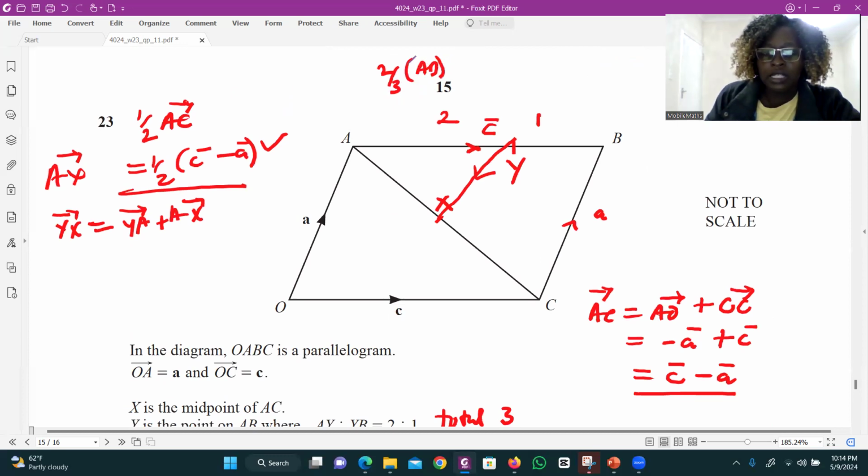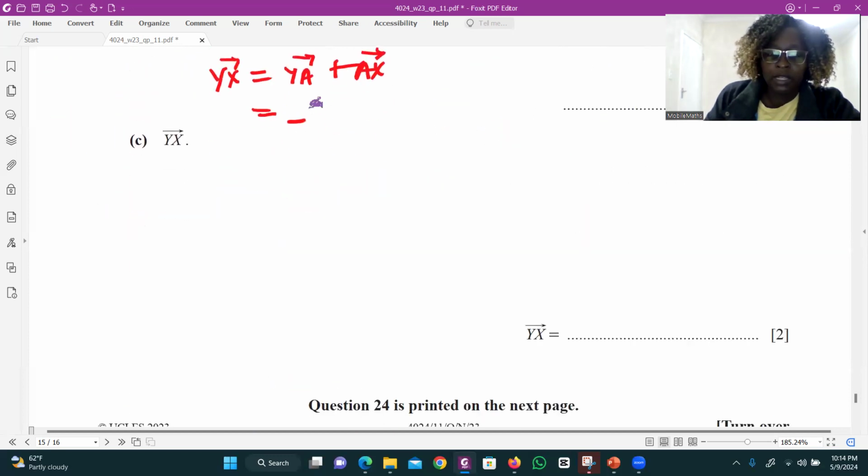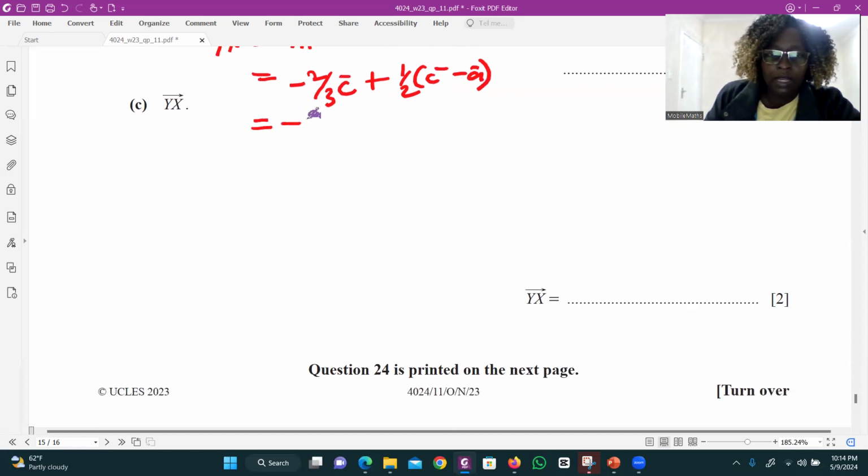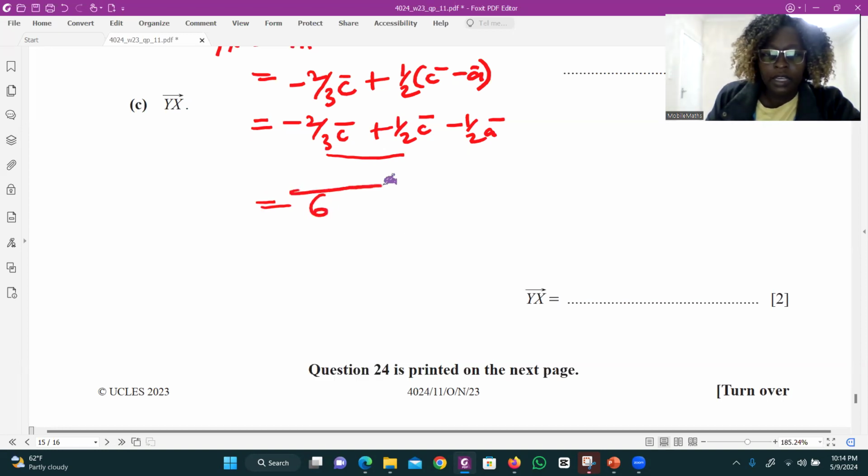AB is C, so it's basically minus 2 over 3 C. So minus 2 over 3 C, that's YA, plus AX, we said our AX is half of C minus A. Let's simplify it: minus 2 over 3 C, plus 1 over 2 C, minus half A. Having a common denominator of 6, 3 into 6 is 2, 2 by 2 is minus 4, plus 2 into 6 is 3, 3 by 1 is 3.